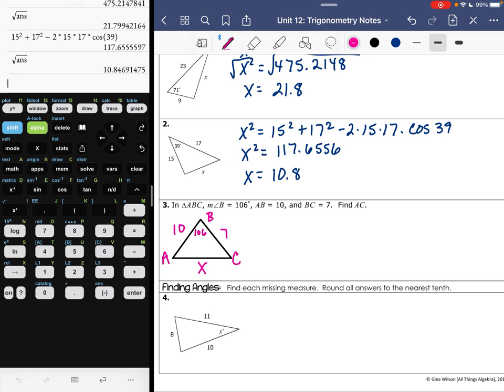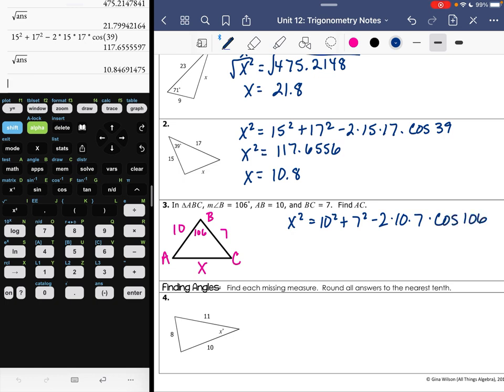So it's still set up like 1 and 2, but just having that triangle there visually helps you to be able to make sure everything's in the right place when you go to put it in your formula. So we have x squared equals 10 squared plus 7 squared minus 2 times 10 times 7 times the cosine of 106.